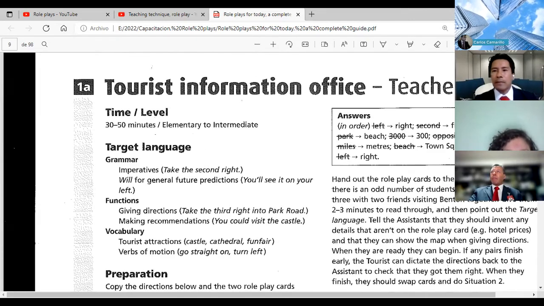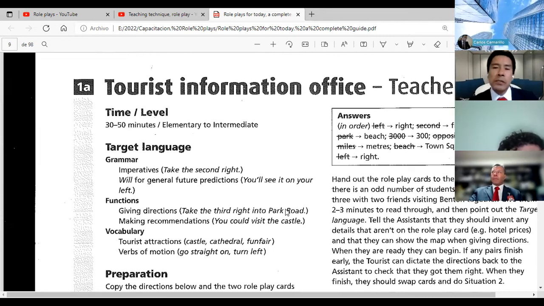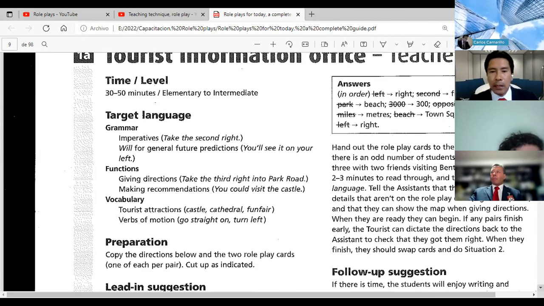For example, here, because it is a guide for teachers, I want you to consider that this material was not done by Conversa. That's why it doesn't include our method, but it includes ideas. This is what I want you to notice, that it includes ideas.